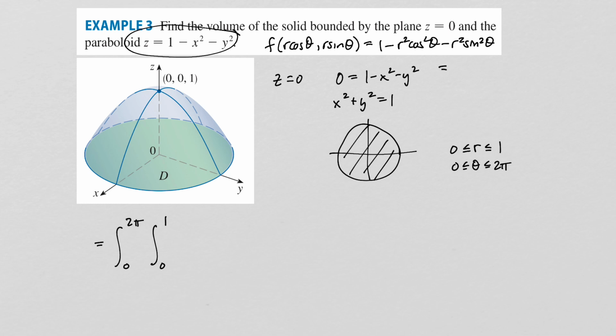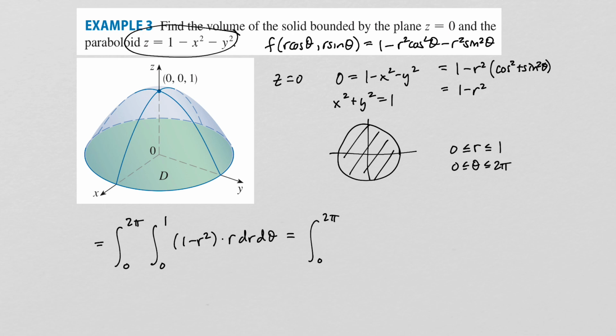And this can be simplified to 1 minus r squared times the quantity cosine squared plus sine squared, right? Because if I factor out the negative r squared, I have this left over. But this equals 1. And so this is simply 1 minus r squared. So our function is 1 minus r squared, and then don't forget you have to multiply by r dr d theta.